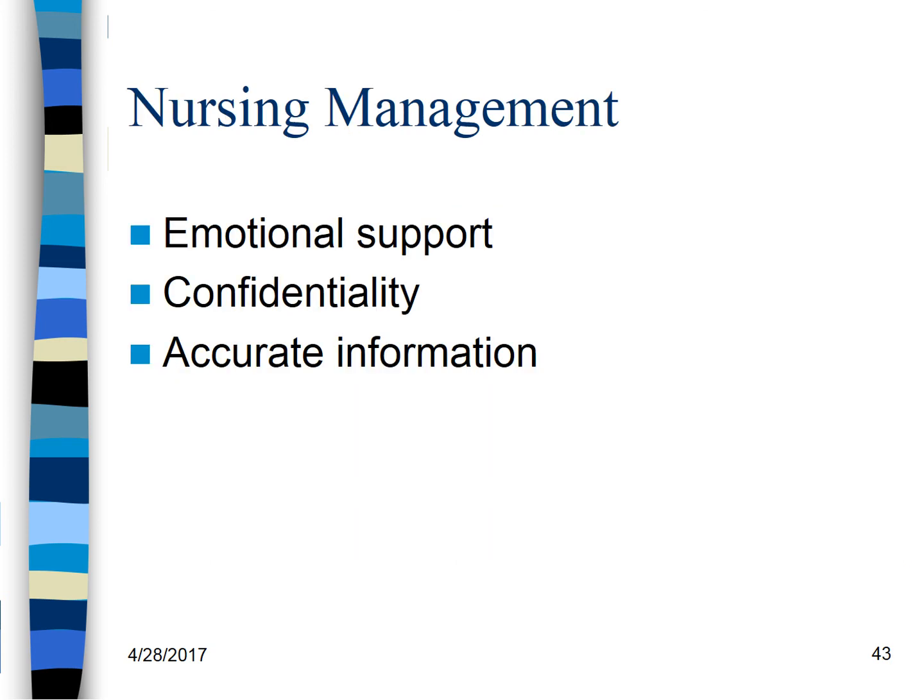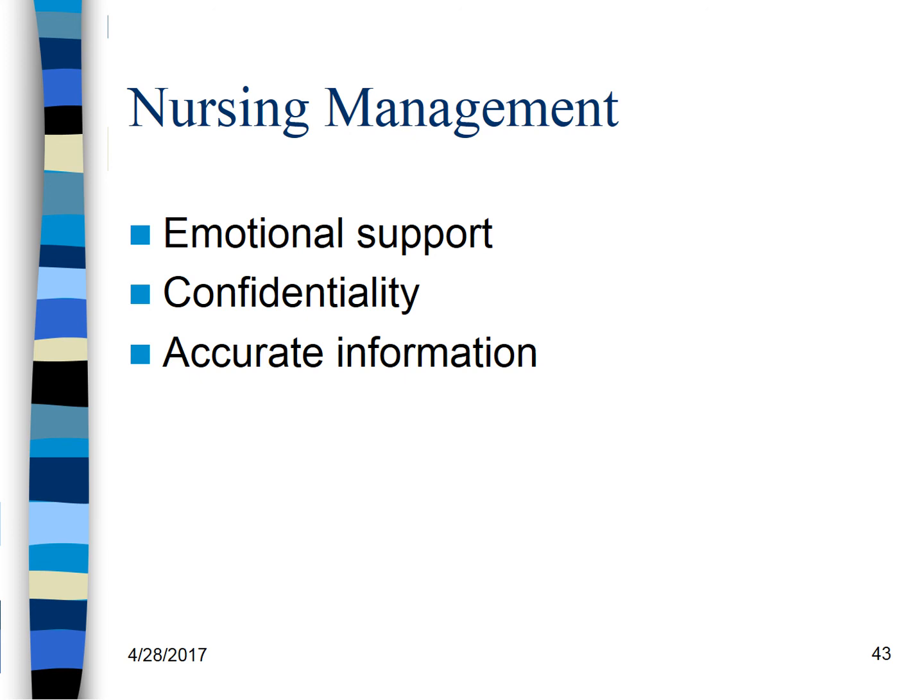So nursing management: emotional support. You have to give emotional support for somebody that is experiencing this and is having a problem with it, because that is a very big deal for a man that has erectile dysfunction.